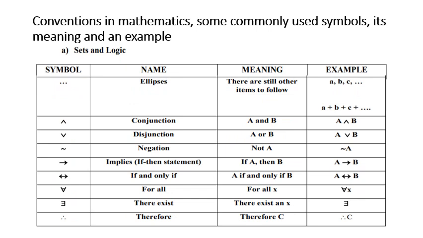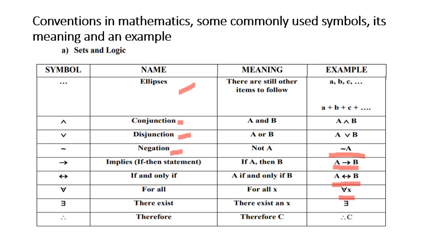We have ellipses, conjunctions, disjunctions. Then negation, so not A. That is how you read it. And then the if-then statement. When we do logic, we will use those. If and only if. Then for all.